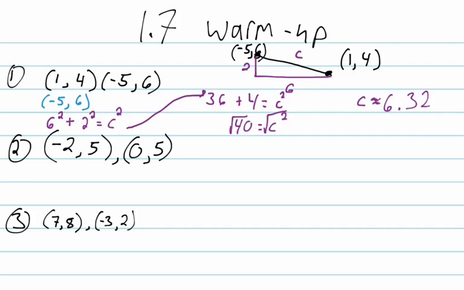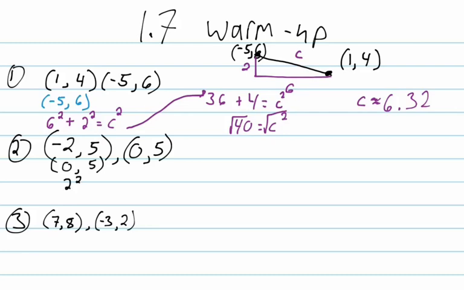Why don't you guys try number 2 on your own? Let's just see where we're at. When I stack these, line up my x's, line up my y's, you'll notice that the vertical distance, my y distance, is just going to be 0. So the distance between negative 2 and 0 would just be 2.